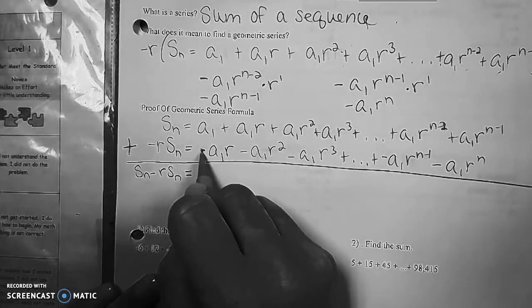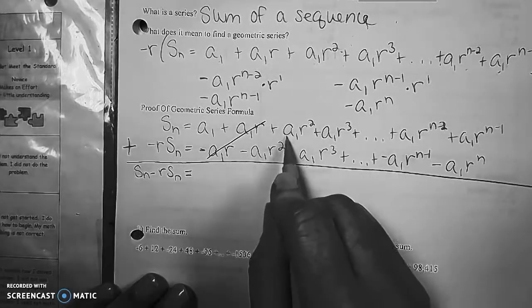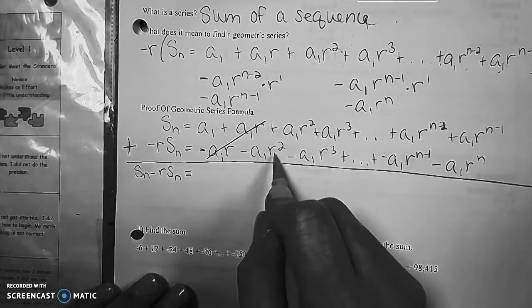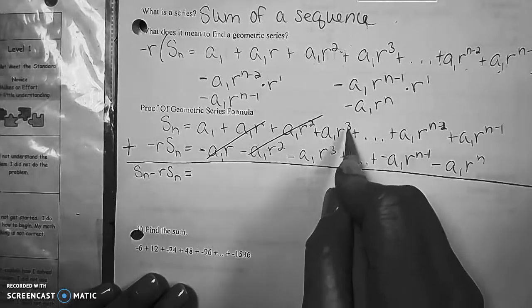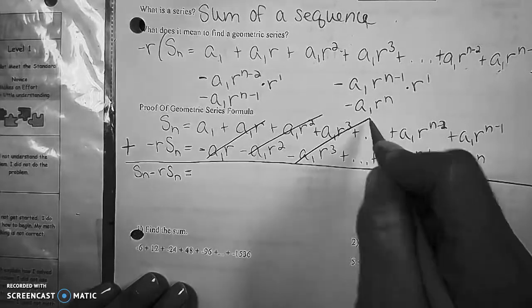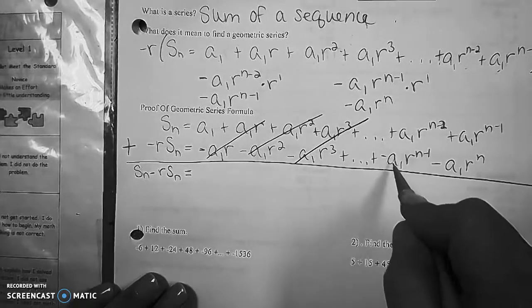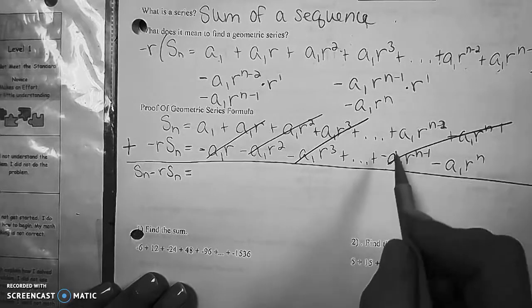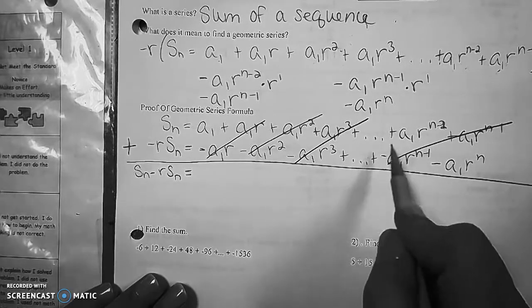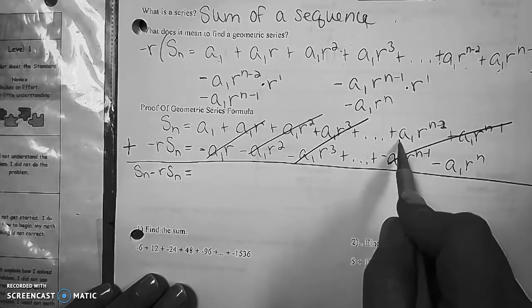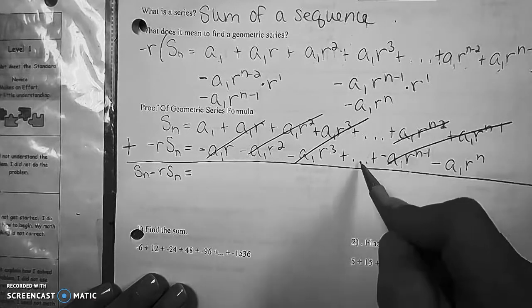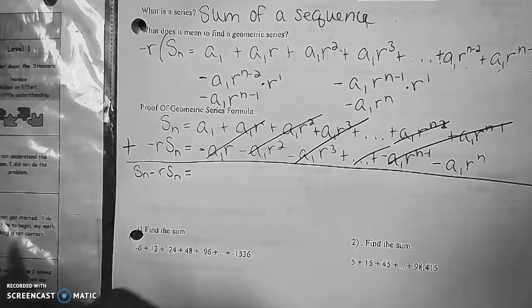A1R plus a negative A1R. A1R squared minus A sub 1R squared. A sub 1 R cubed and a negative A sub 1 R cubed. Negative A sub 1 R to the n minus 1, and the term immediately before that would have canceled out the A sub 1 R to the n minus 2. Let's see what we're left with.